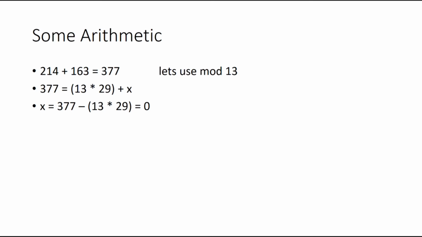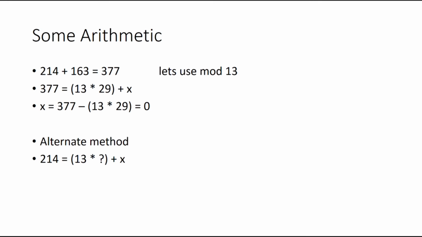So effectively, 377 equals a, b is equal to 13, q is equal to 29, and you'll find x is equal to r, which is equal to 0. So 377 mod 13 is actually equal to 0.